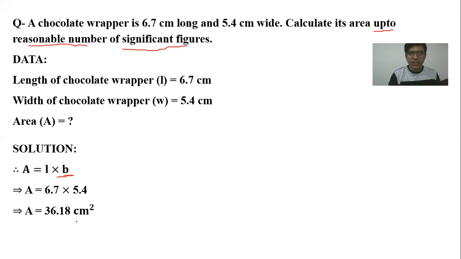We start from the last digit. 8 is greater than 5, so we omit this and add 1 to the previous digit, and this becomes 2. 2 is less than 5, so we omit this number, so the answer will be 36 centimeters square. In this way we will find the area for this chocolate wrapper up to a reasonable number of significant figures. So this is it for this video.